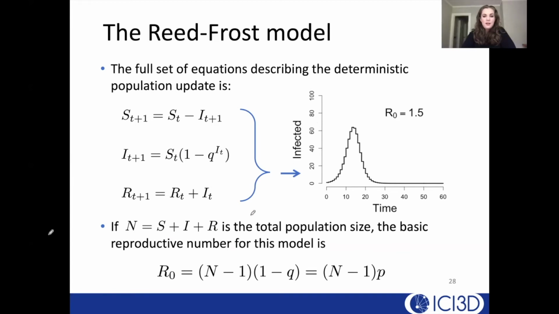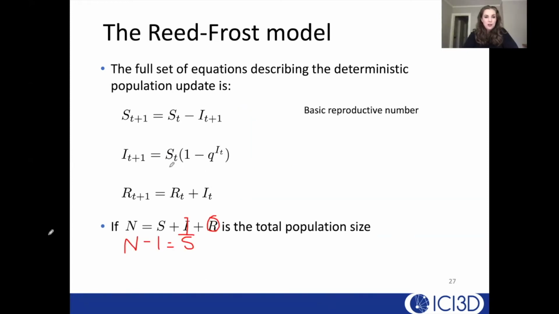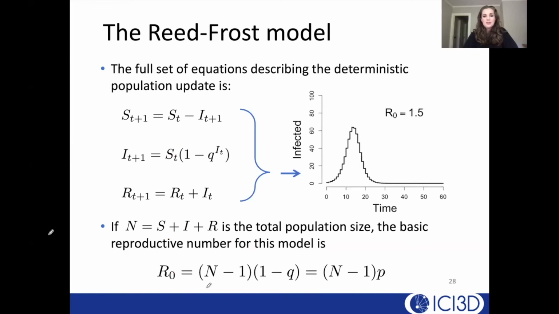So here I have shown a simulation of the deterministic Reed-Frost model for a reproduction number of 1.5.